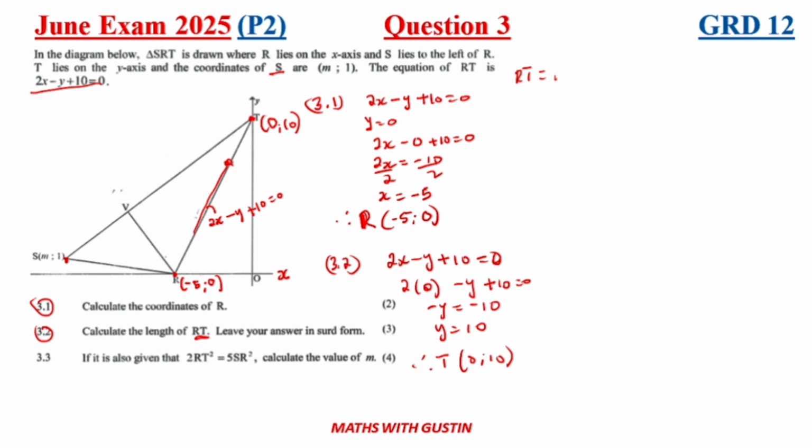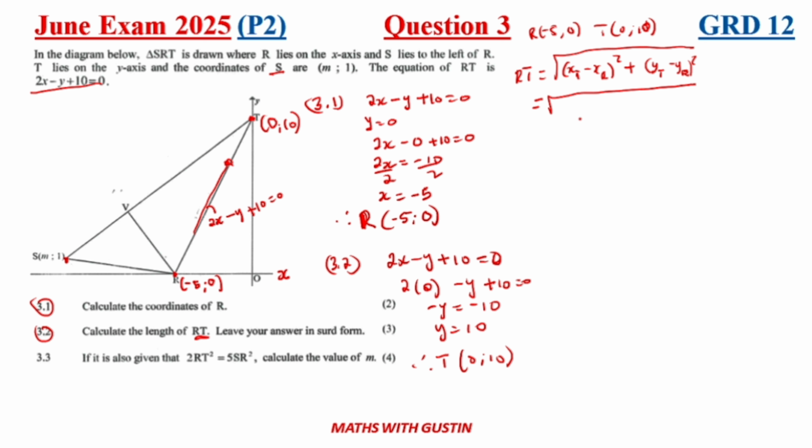The distance of RT is going to be the square root of x at T minus x at R all squared plus y at T minus y at R all squared. Even if you use x1 minus x2 it is still fine, as long as you follow what you are substituting. We know the coordinates of R are minus 5, 0 and the coordinates of T are 0, 10.